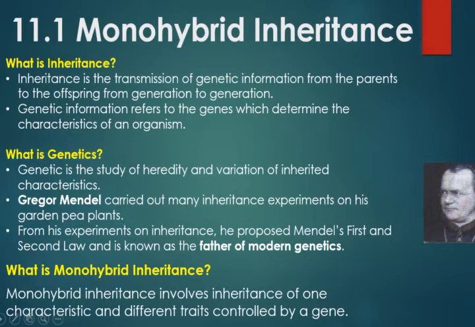Then we go to our subtopic for today. What is monohybrid inheritance? Mono means one, and hybrid refers to the cross. Monohybrid inheritance involves the inheritance of one characteristic, with different traits controlled by a gene.